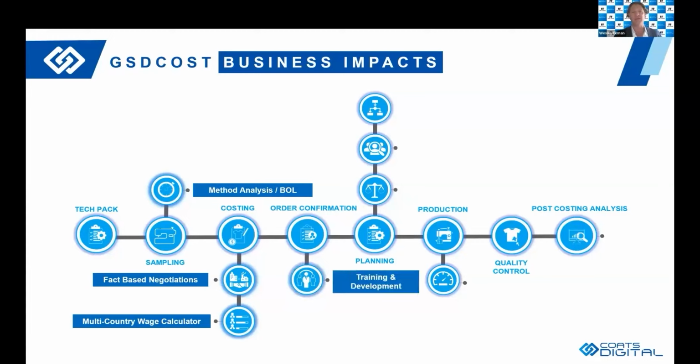When we talk about the value add of the method within GSD, it's all around training and development. Okay, once you understand this, once you determine that standard, once you understand that baseline SMV, once you can identify and eliminate those non-value added motions, how do you take that and train it across your entire sewing force, whether it's 2,000, 3,000, 5,000, 6,000 workers, wherever it's just down to 30?